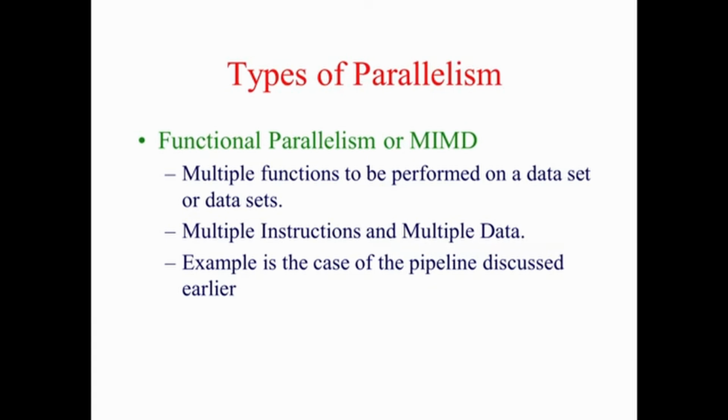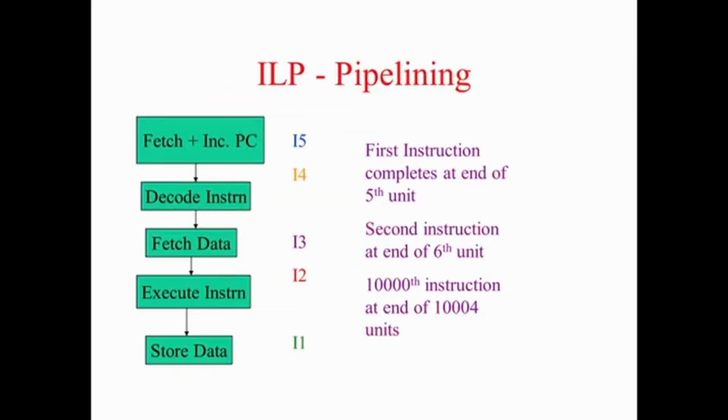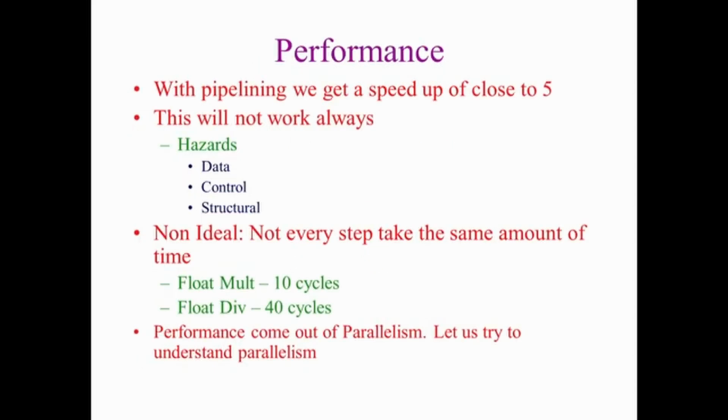For example, the pipeline itself, if I assume that the instructions are data and the pipeline units are processing them, is itself an example of multiple instruction multiple data. As you see, this stage is processing I1, the execute stage is processing I2, there is no connection between them. So it is a multiple instruction multiple data type of parallelism.